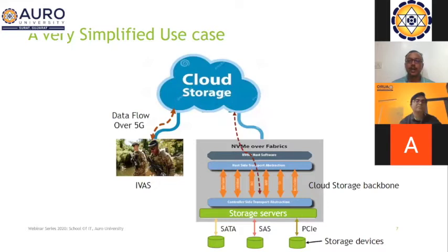Now the American military wants to provide some data to their soldiers on the ground using 5G devices and through this HoloLens. Whatever data, they want to map what type of data is provided based on what kind of situation these soldiers are in.